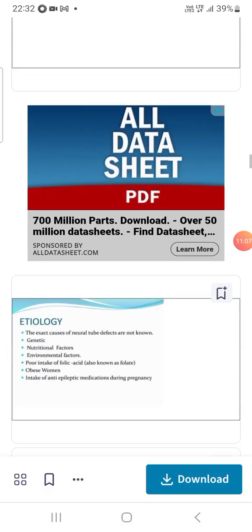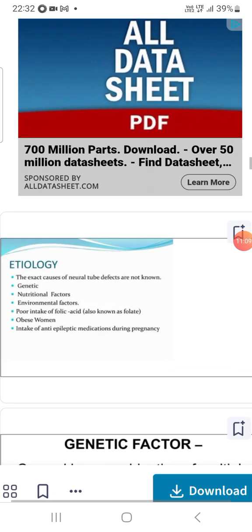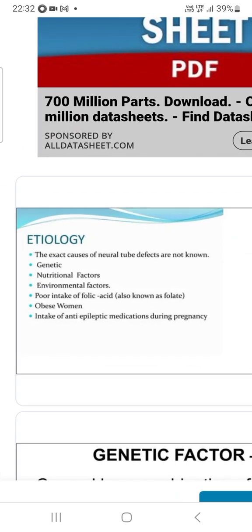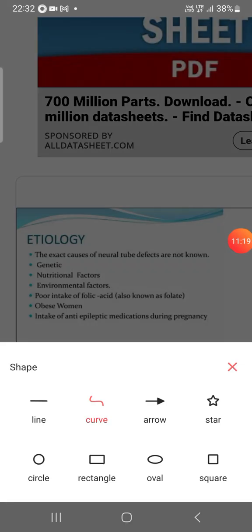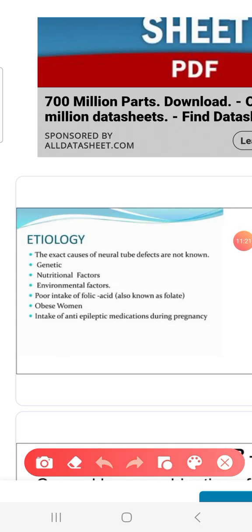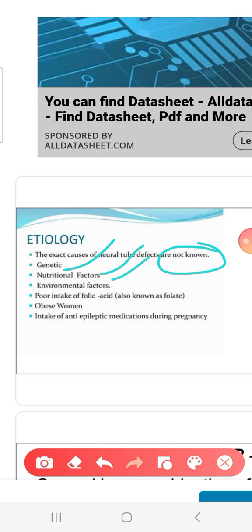Now we'll discuss etiology, which is the causative agents. So, etiological characters, just check this. The causes of some neural tube defects are not known, and some are genetical problems, nutritional factors, environmental factors, poor intake of folic acid and low level of folic acid in the woman, and intake of anti-epileptic medicines during pregnancy.